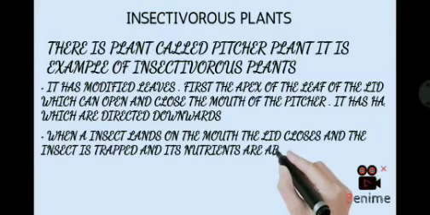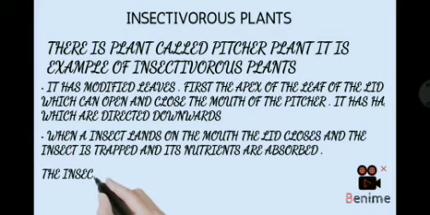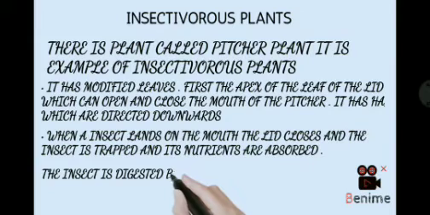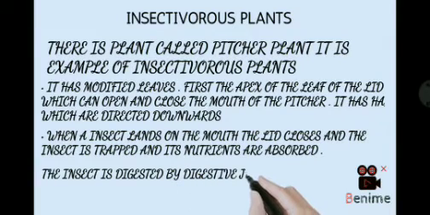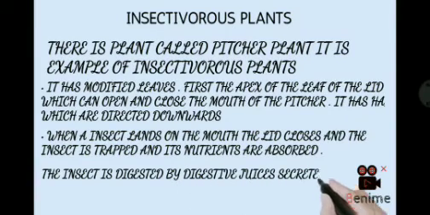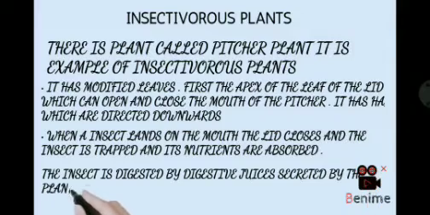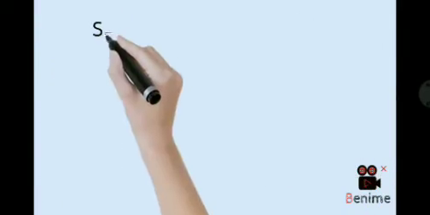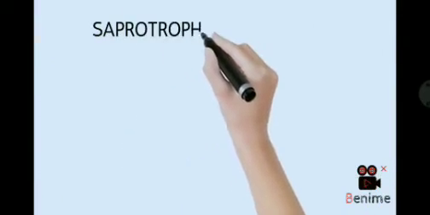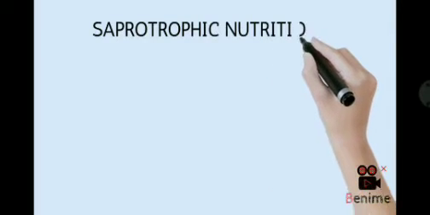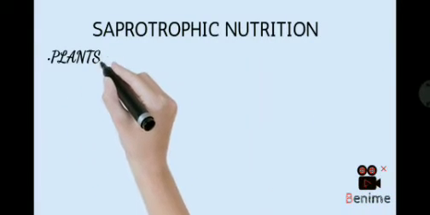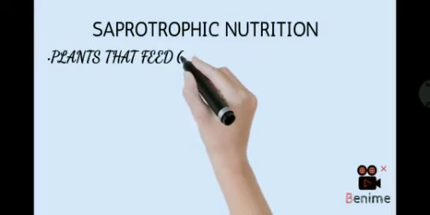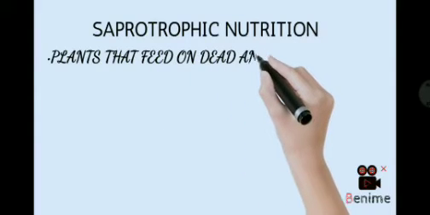Then the nutrients are absorbed from the insect, and the insect is digested by the body of the pitcher plant and by the digestive juices secreted by the plant. This is how it takes in nutrition, and such plants are called insectivorous plants.